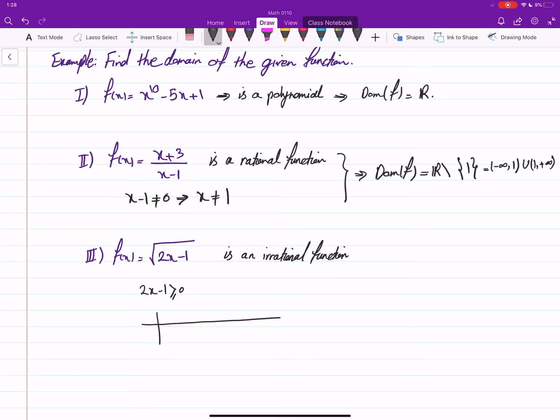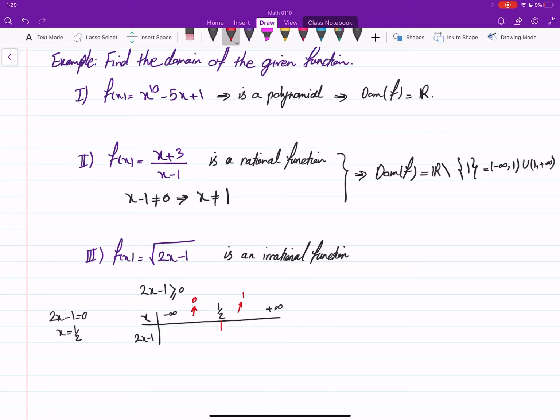To start with, you need to find where this is 0. This means that x is equal to 1/2. So I have 1/2 here, negative infinity, plus infinity. These are values for x. Then the values for 2x - 1. Then you choose test values. I put 0 for this, 1 for that.